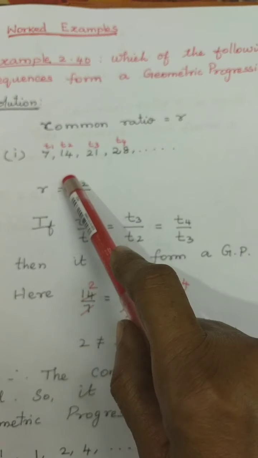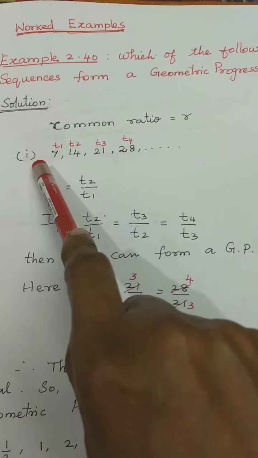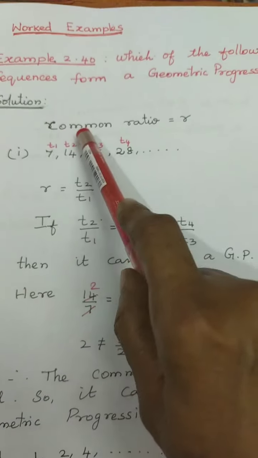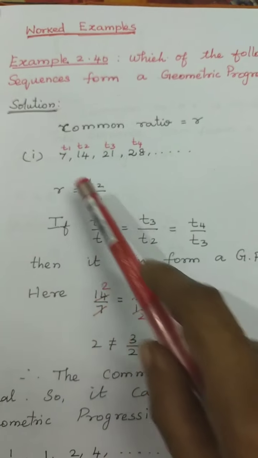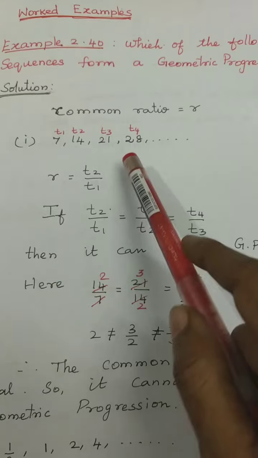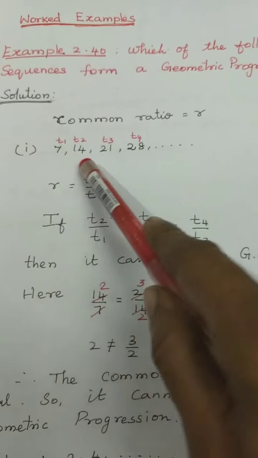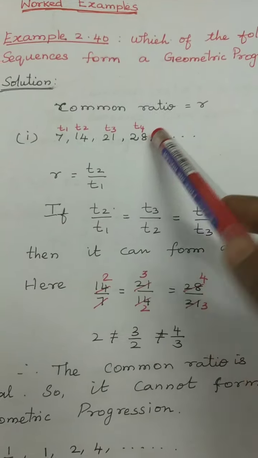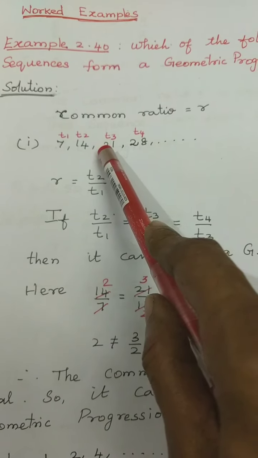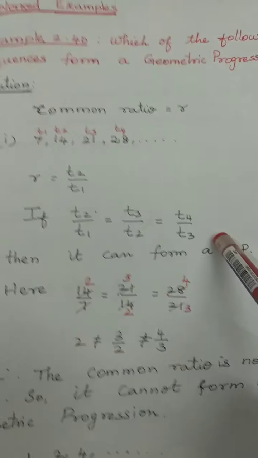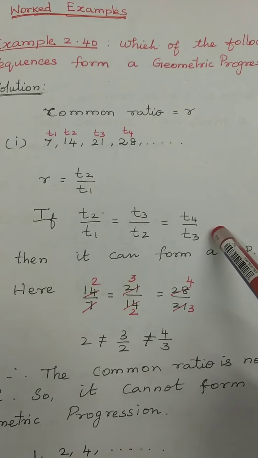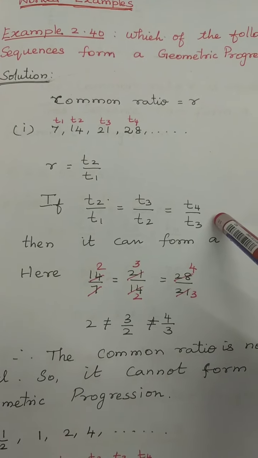Here r is equal to T2 by T1. If you divide the second term by first term, that is equal to third term by second term, that is equal to fourth term by third term. These must be equal if it can form a GP.